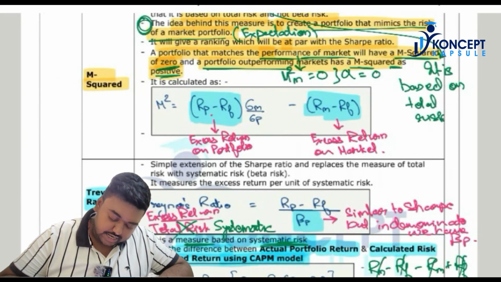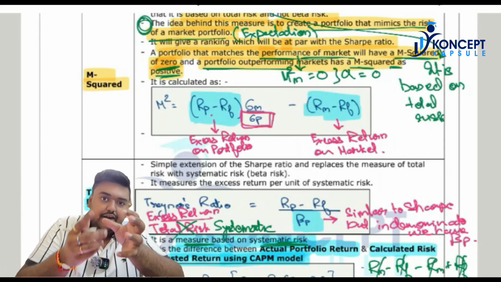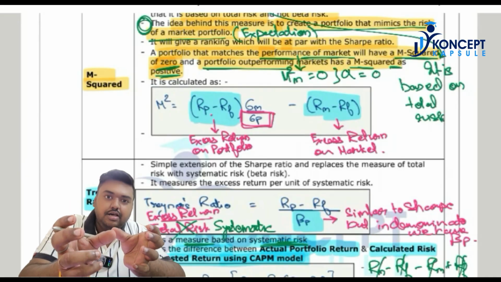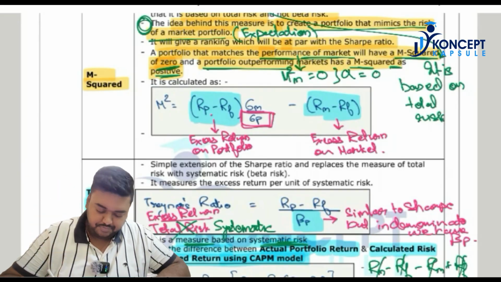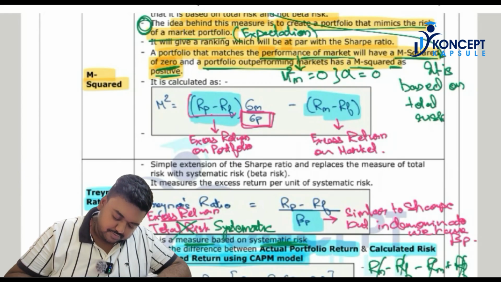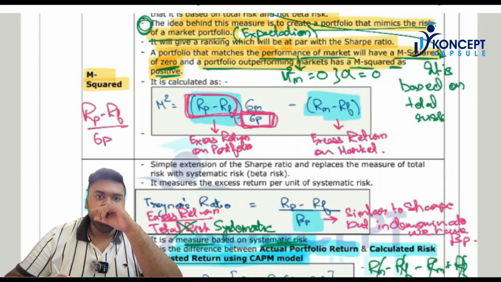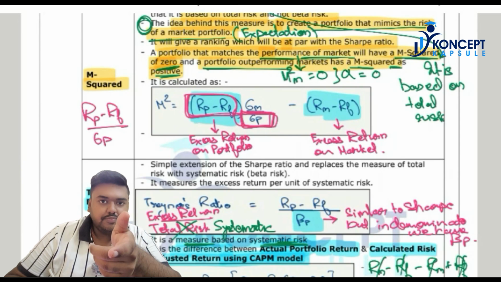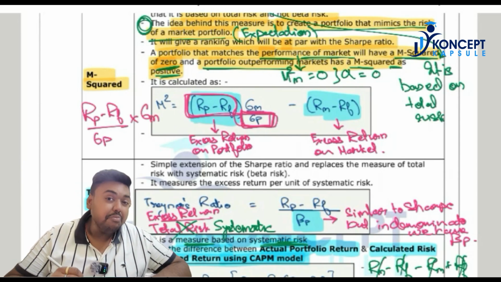What are we doing? We are initially dividing it by the sigma of the portfolio, which means we are computing the excess return per unit of the risk that I am taking. So this measure is the Sharpe ratio, correct? RP minus RF by sigma P is nothing but the Sharpe ratio. But since we have to compute the excess return, we are multiplying it with the risk of the market.